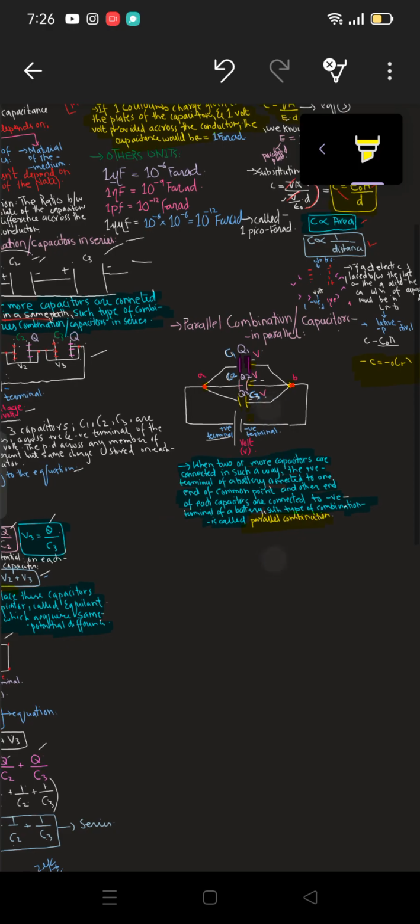In the next video, we're going to consider these capacitors and see what will be the same in parallel and what will be different, right?